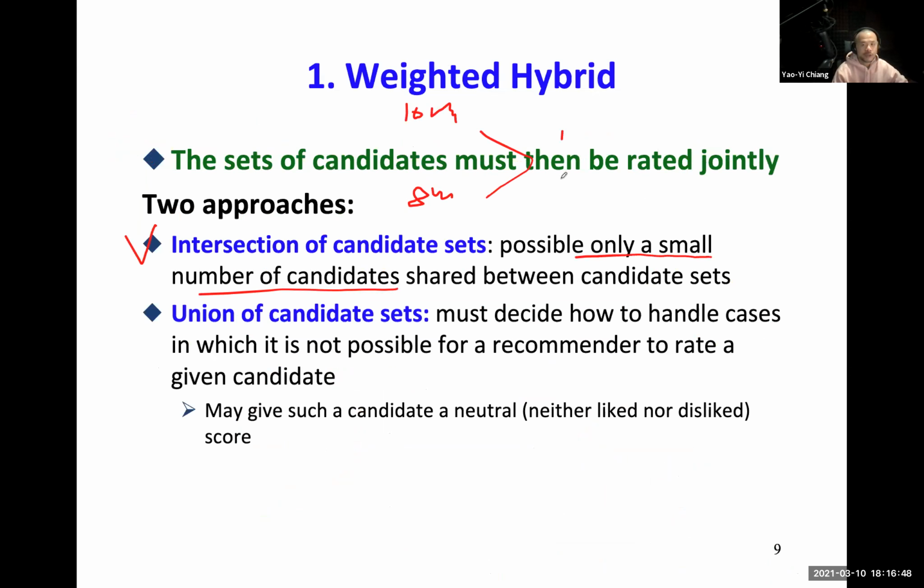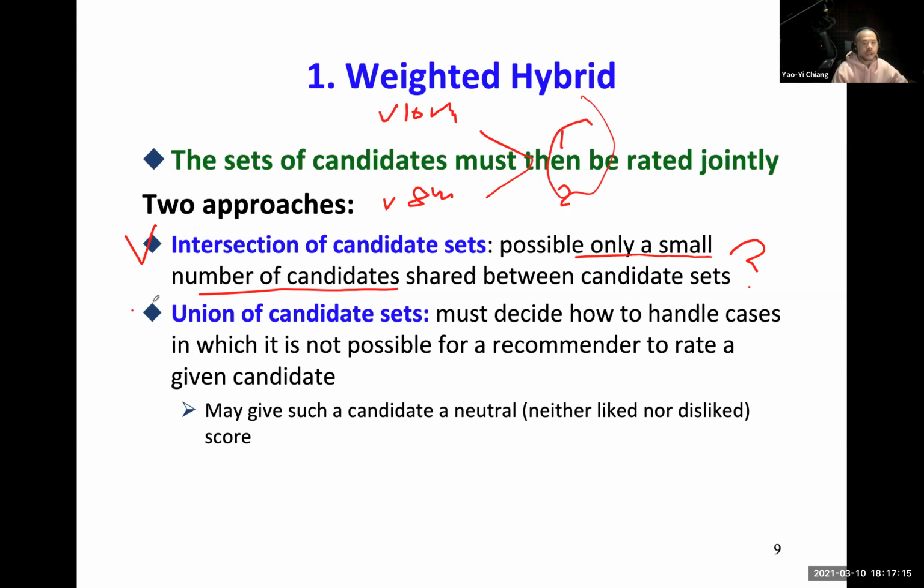It could be only 1 or 2 movies. Why is that? Well, the reason is in a weighted hybrid system, you are usually combining 2 very different recommendation systems, so these 2 candidate lists should be different, right? So the intersection will be small.